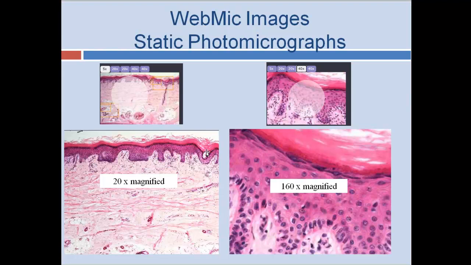For right now, it's clicked on 5x, and so in the WebMic, it multiplies that 4 times when you view it, so that's 20x. But in the right one, the tab is on 40x, and WebMic magnifies that in the viewing area to 160x. But these are snapshots. You cannot zoom in on these. When you pick an image, you can move around on it, but you cannot zoom in on it.